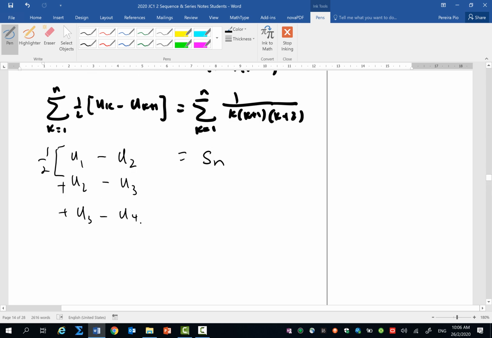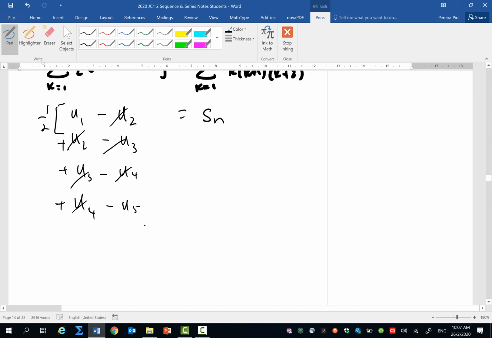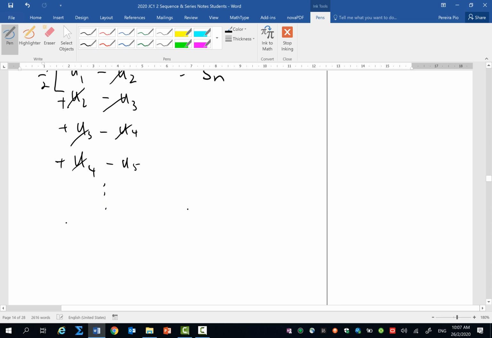You can see that the cancellation works this way. If you want to write 4 terms, you can write 4 terms. Because you have written 4 terms at the top, you now need to write 4 terms below.